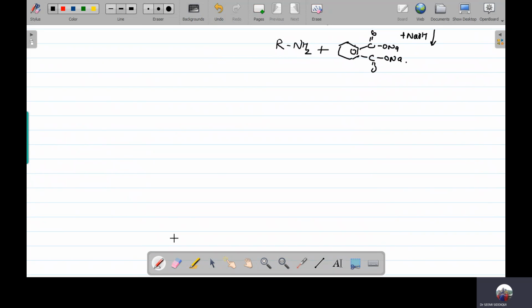Now coming towards the aromatic, that is your preparation of aniline.